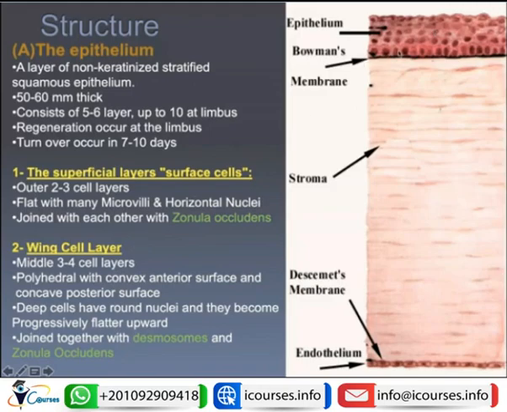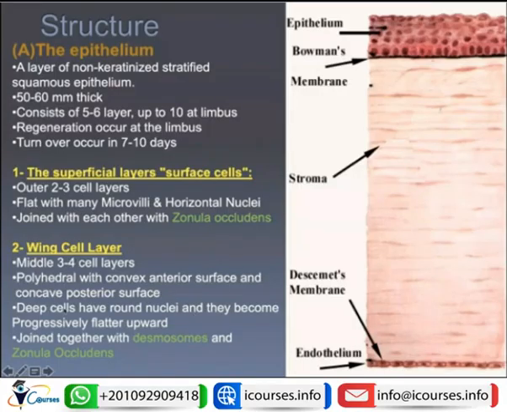Posterior to the surface cells, there will be the wing cells. The wing cell layer, or the middle cell layer, is formed by polyhedral cells. These polyhedral cells have a convex anterior surface and a concave posterior surface. And this is the wing.